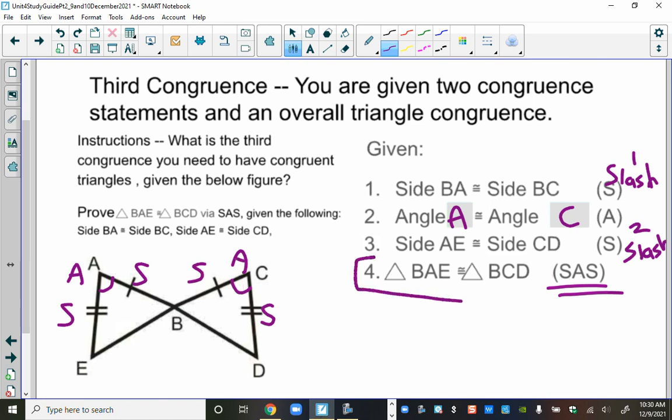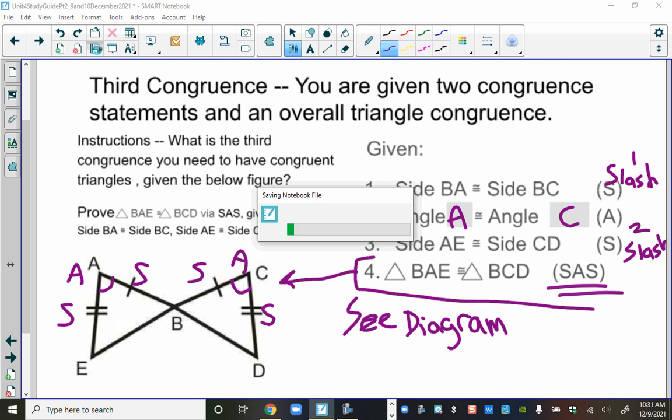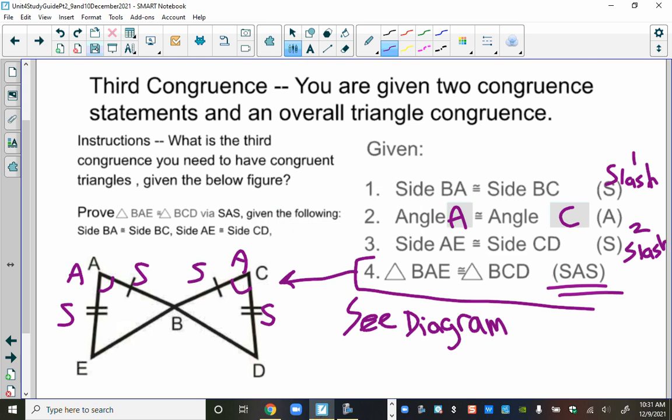Again, diagram. Questions? All right. Okay, so does everybody see where you get the two pieces of information?